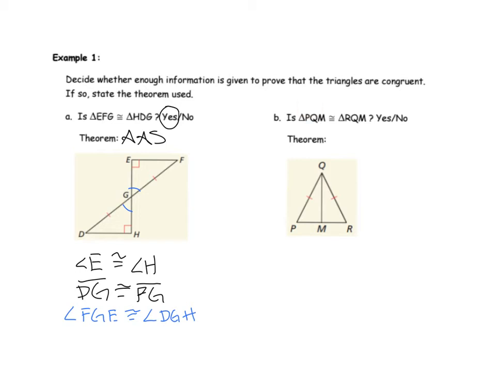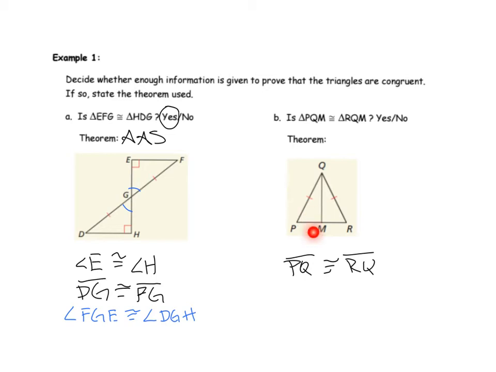All right, let's look at B. Is triangle PQM congruent to triangle RQM? Yes or no? So they've given us that the 2 sides that are congruent are PQ is congruent to RQ. All right, they don't give us any angles at all, and we cannot make any assumptions either.